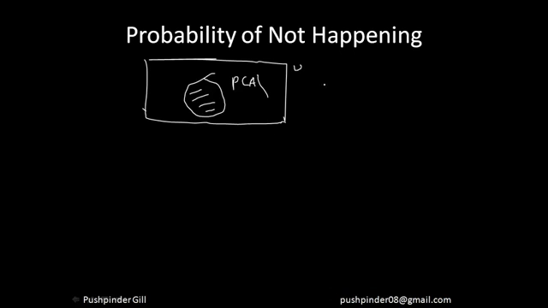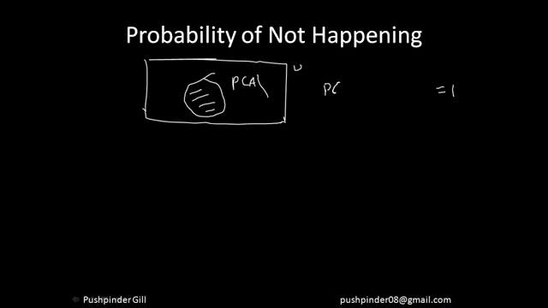Now, as I've told you earlier, the maximum probability is always equal to 1, right? That means this event is definitely going to happen. So if I say the probability of you drinking a cup of coffee or the probability of you not drinking a cup of coffee, that event is certainly going to happen. Either you will drink coffee or you're not going to drink coffee.